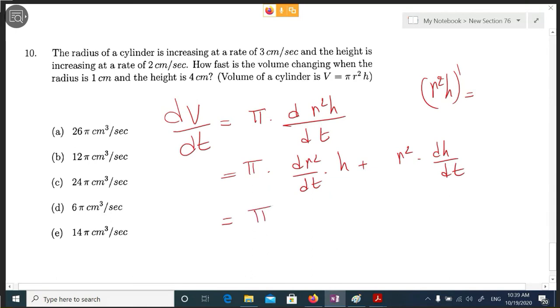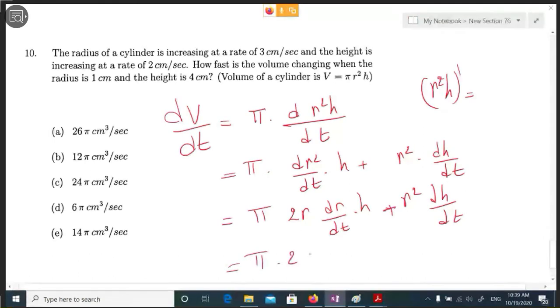Okay, so pi here. Again, we have the chain rule, because the derivative of r squared is 2r dr/dt, times h, plus r squared dh/dt. Okay, so pi times 2. So now r is given.